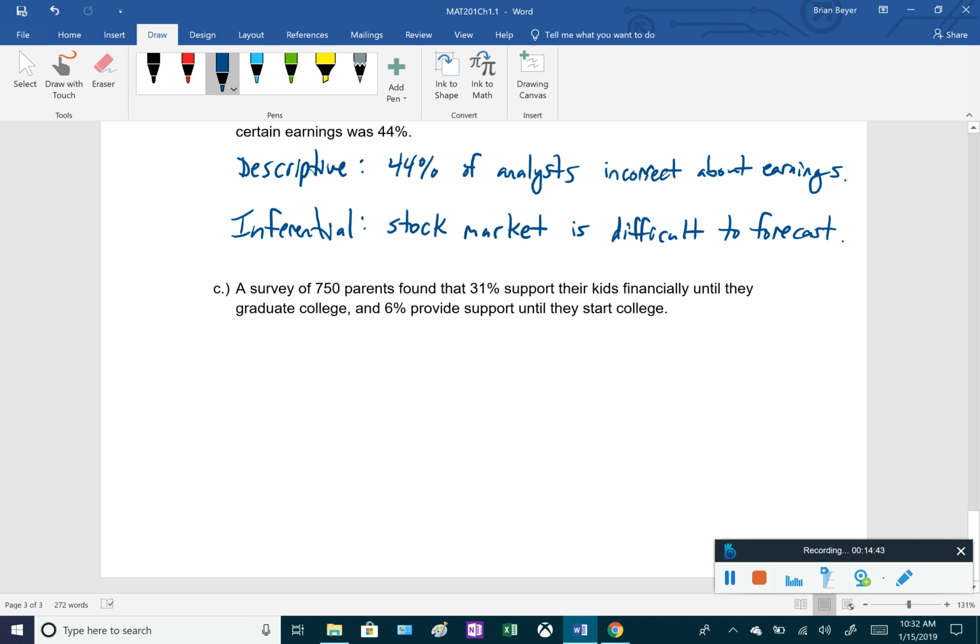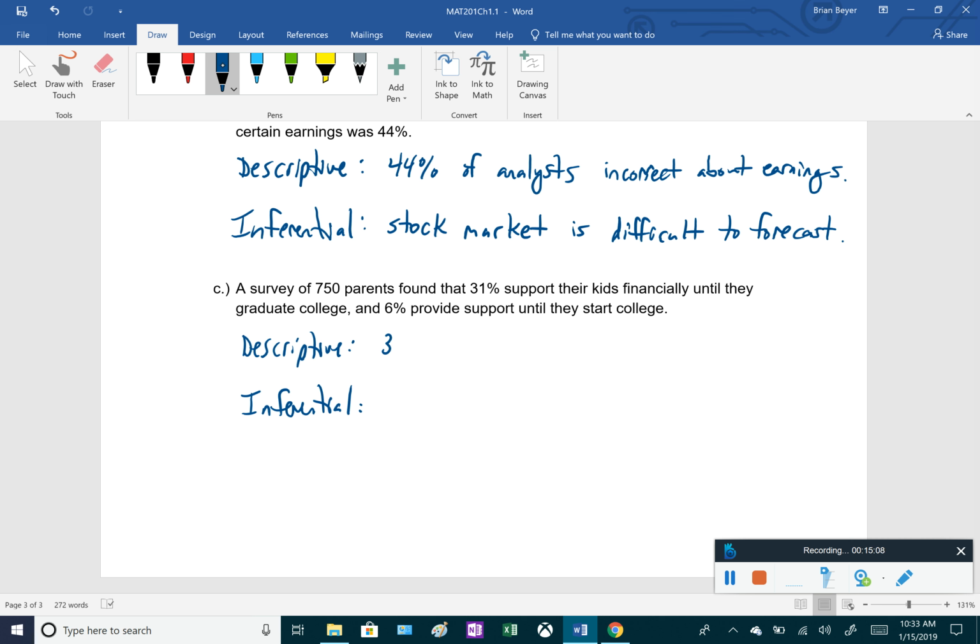Okay, and then for the last one here, we have a survey of 750 parents found that 31% support their kids financially until they graduate college, and 6% provide support until they start college. So descriptive and inferential once again. So for the descriptive statistics, it's just going to be the data.